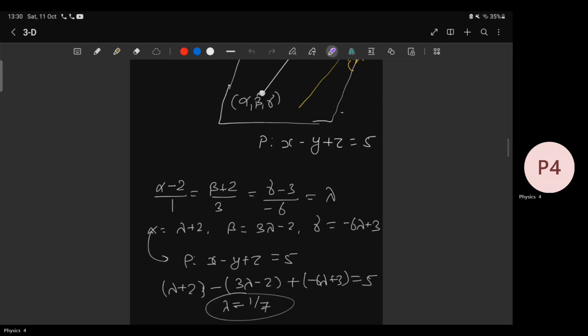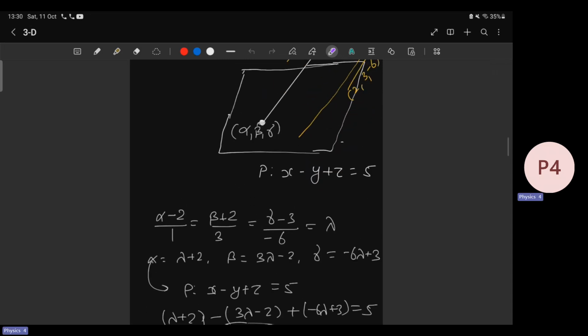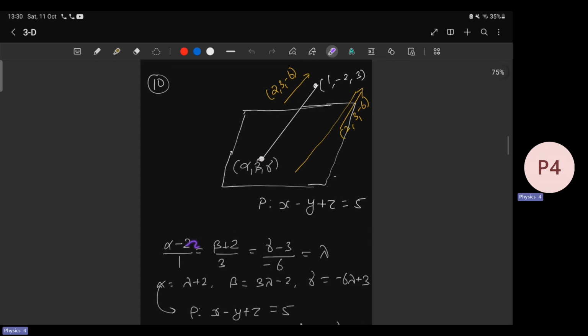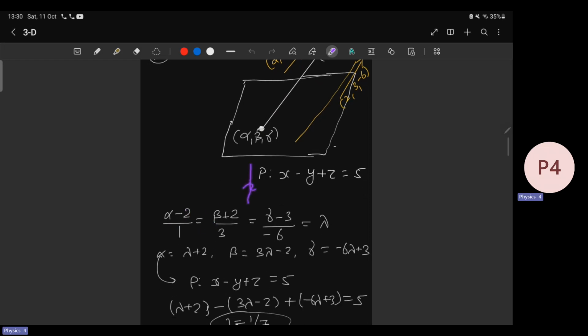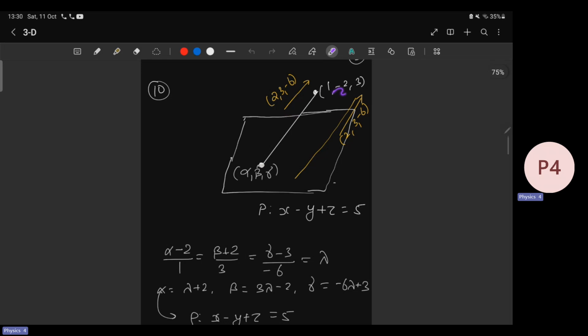So this is alpha minus 1 upon 2, sorry, correct this, this is 1 and this is 2, equals to beta plus 2 upon 3 equals to gamma minus 3 upon minus 6 equals to lambda.